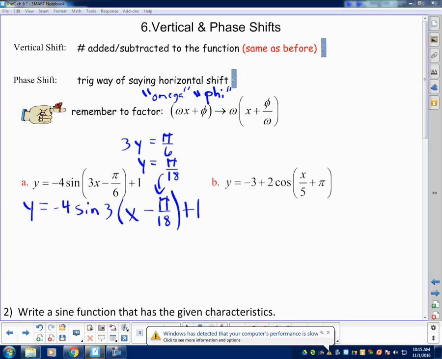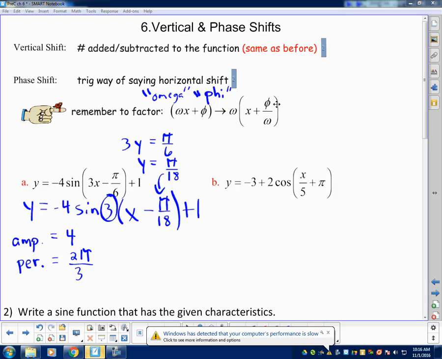All right, now we're ready to identify our amplitude. Same as before. Amplitude is the a in front. Amplitude is equal to 4. We take the absolute value of that negative 4. We get 4. The period is equal to 2 pi divided by b. In this case, b is the number out in front of the parentheses there.